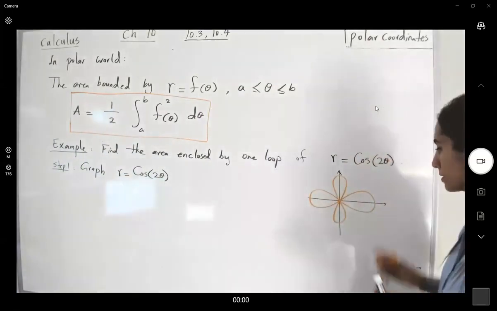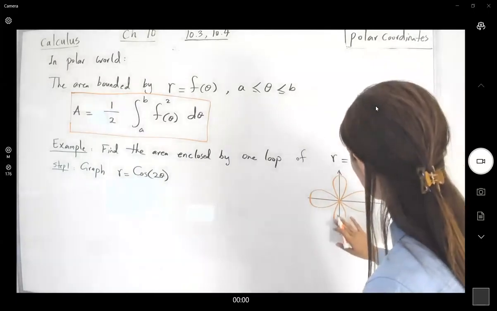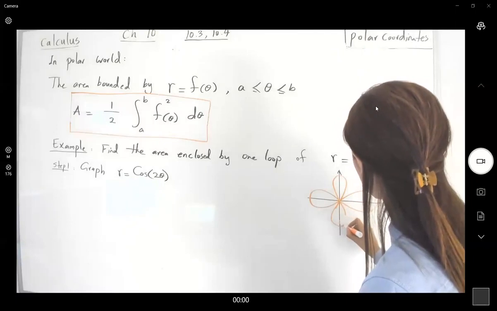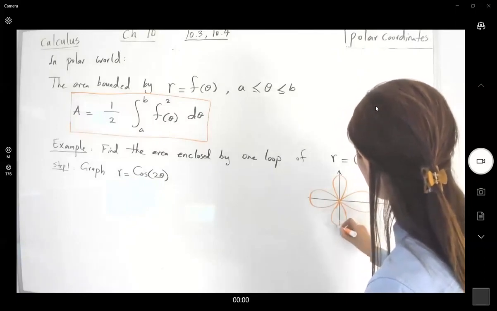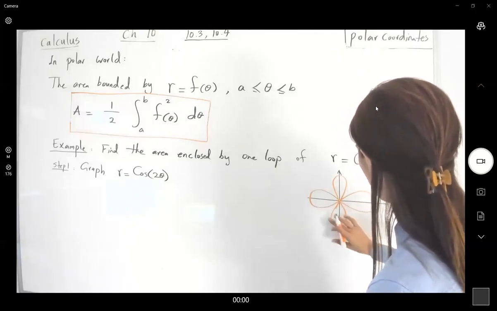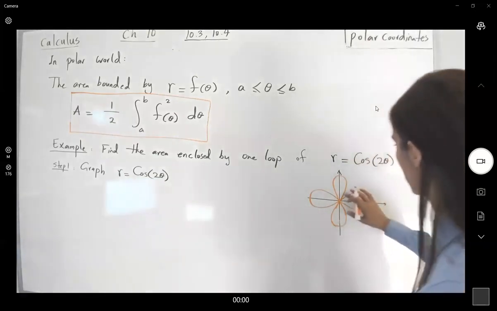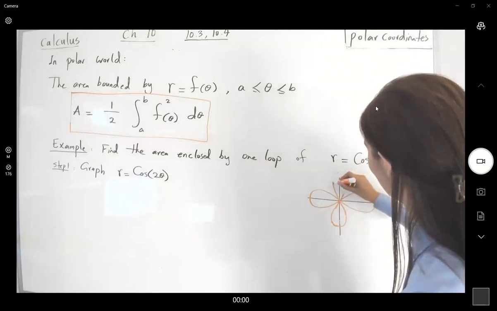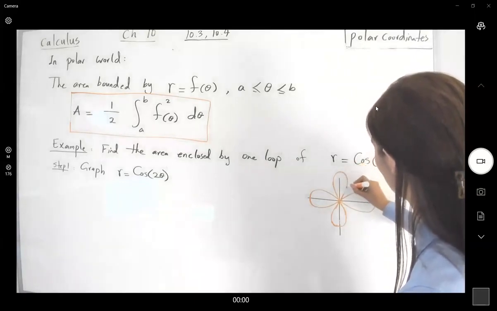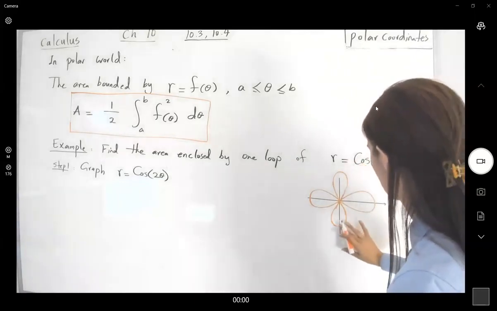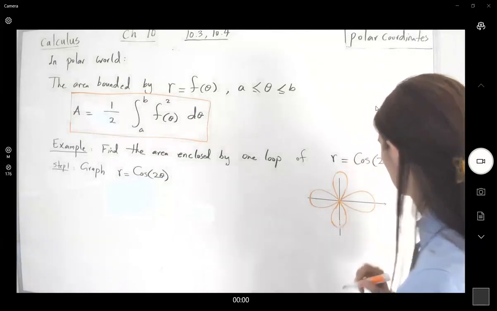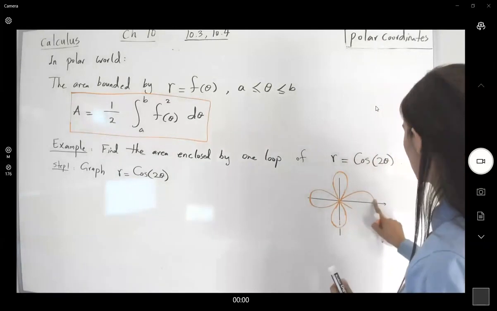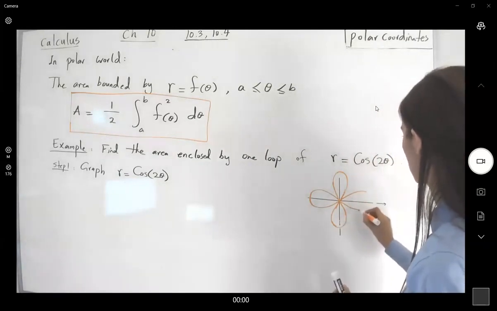And the question says, very nice and symmetric. All of these need to be symmetric with the same. So the question says, what is the area of one of these loops?